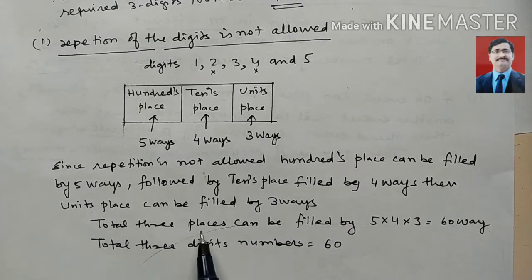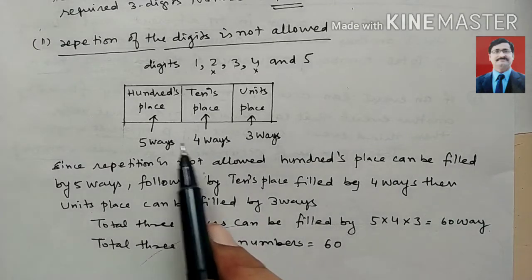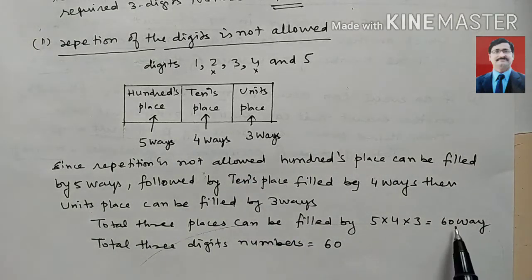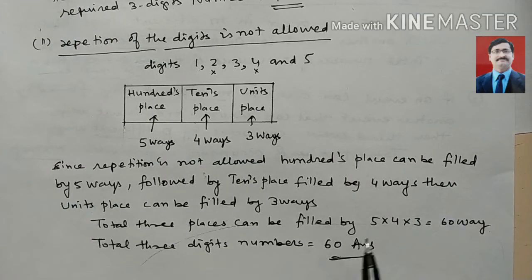So the total 3 places can be filled by 5 into 4 into 3, that is 60 ways. So the total number of 3 digit numbers in which the digit is not repeated is 60. Okay, so we have this answer. All of you understand this? This is a very important question.